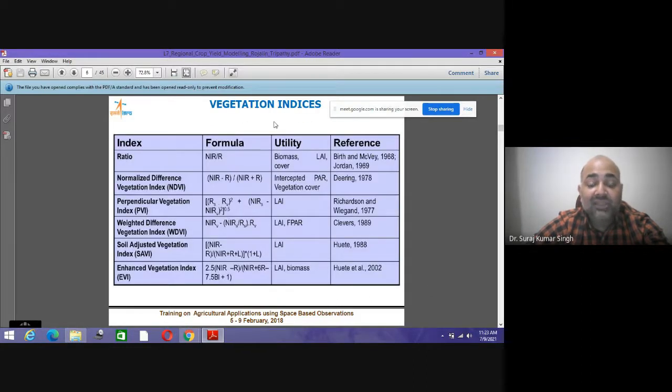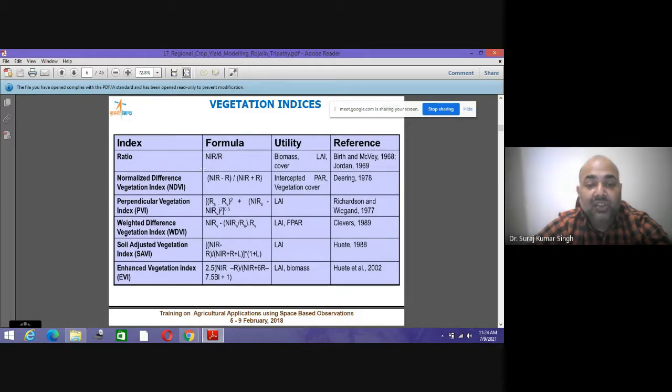So generally the vegetation indices that we are using for creation of this crop forecasting is NDVI that I have already stated, which uses the formula NIR minus R by NIR plus R. This we have already done, so I'll not be going into much detail, and that is used for creation of intercepted vegetation cover.